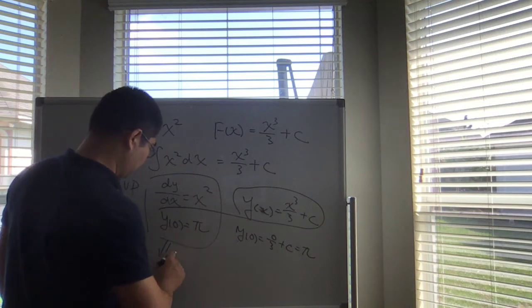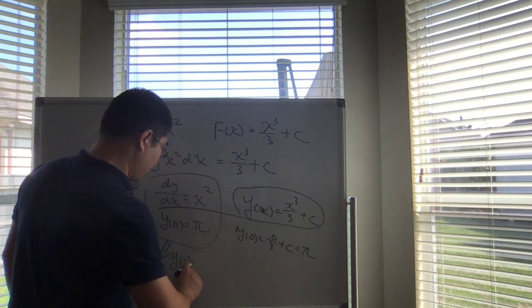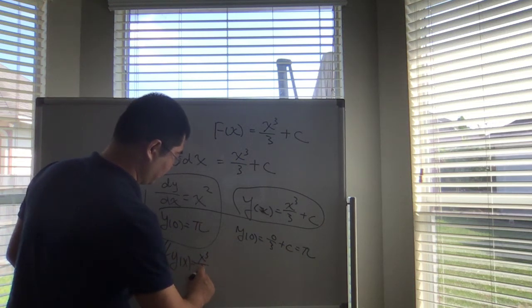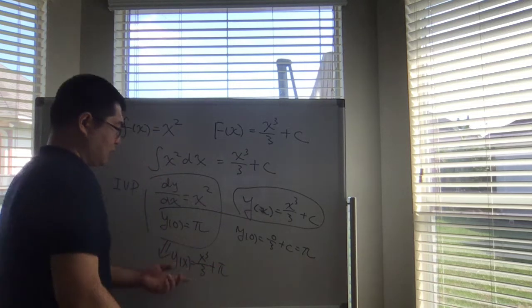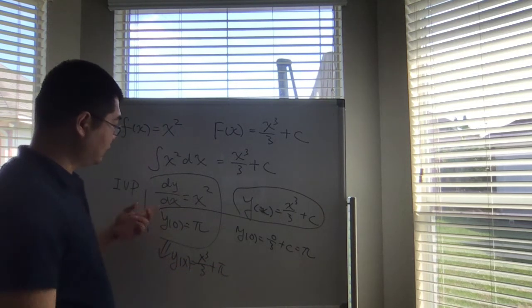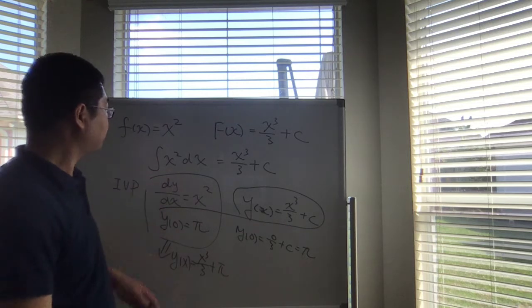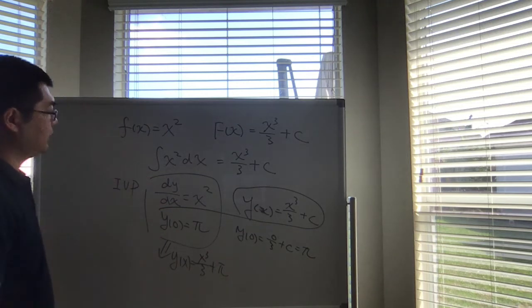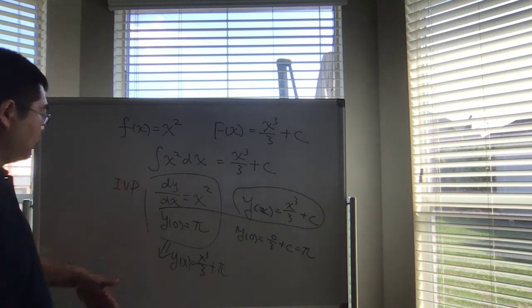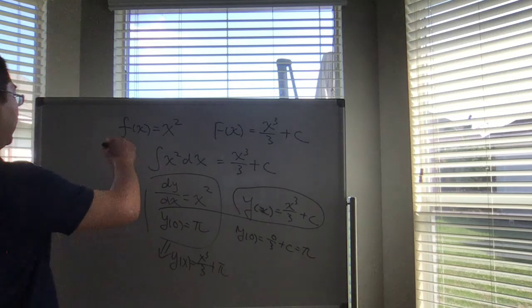So y(x) equals x cubed over 3 plus pi is called a particular solution for my initial value problem. Okay, so this is the main idea from 4.8.